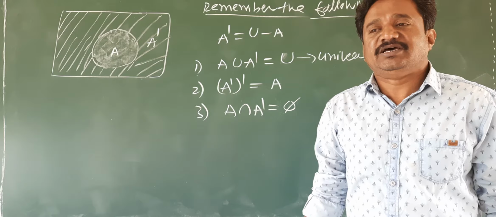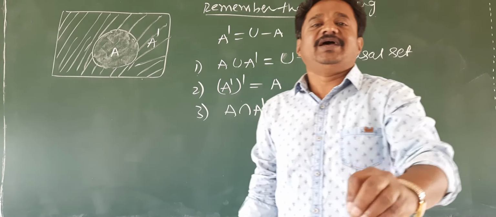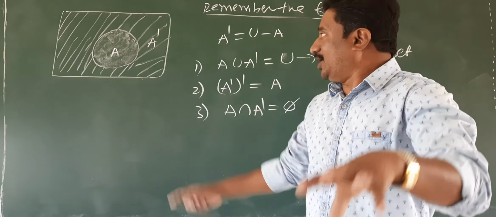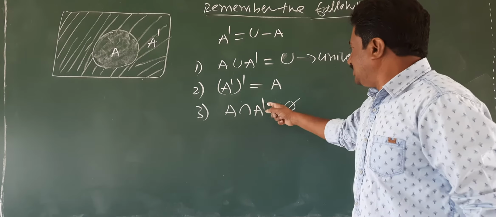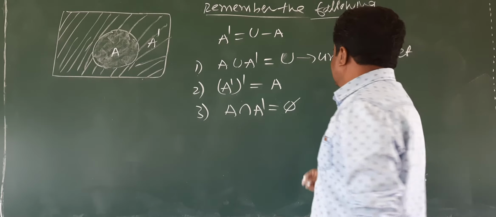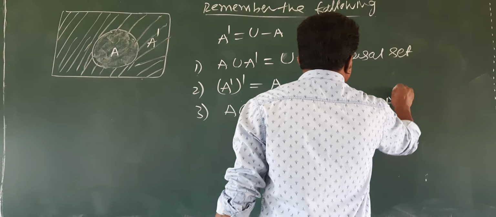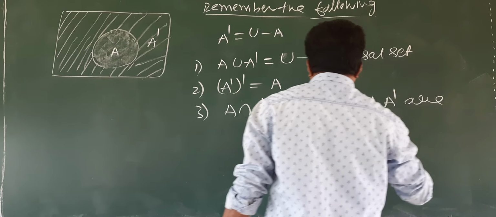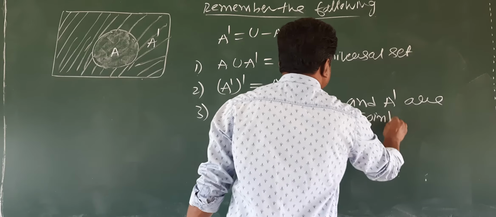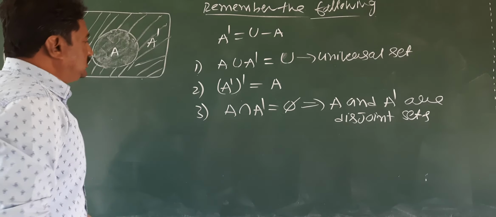A intersection A dash is always the empty set, which implies A and A dash are disjoint sets.